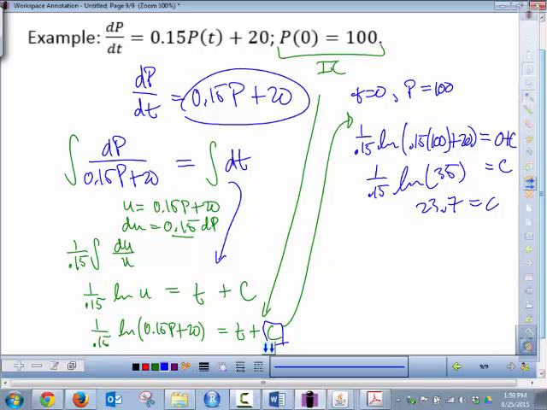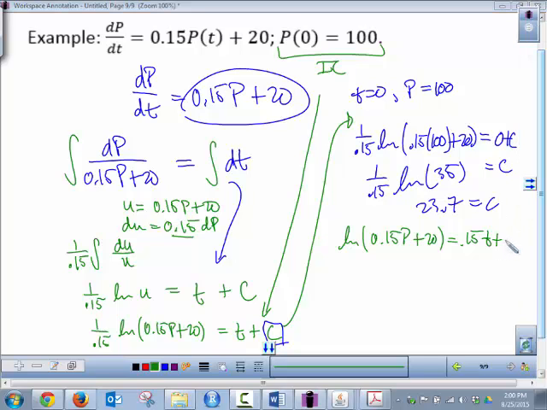So eventually solve for this. Boy, maybe I should have solved for it first. Anyways. So ln, I'm going to multiply both sides by 0.15. 0.15 p plus 20 is equal to 0.15 times t plus, I got 23.7 times 0.15.